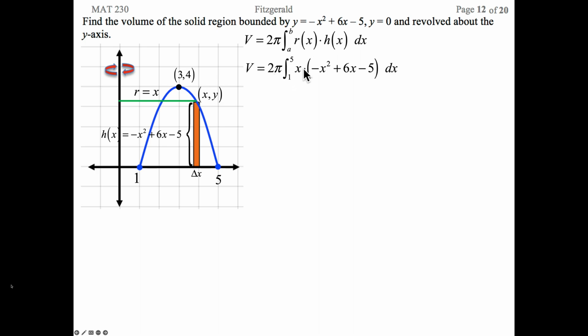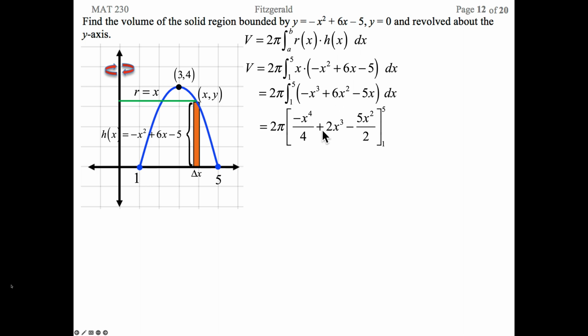Radius was x. h of x was negative x squared plus 6x minus 5. Thickness is dx. We'll distribute the x, and then integrate: negative x cubed plus 6x squared minus 5x. Integrating that, we get negative x to the 4th over 4 plus 6x cubed over 3 minus 5x squared over 2. The 6 and the 3 reduce to a 2.